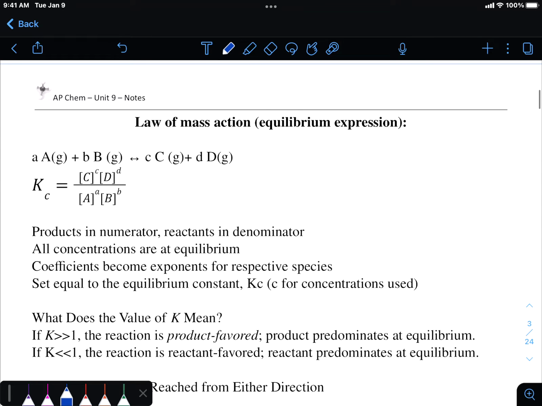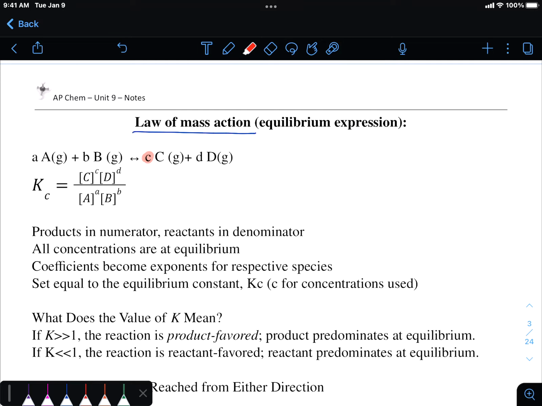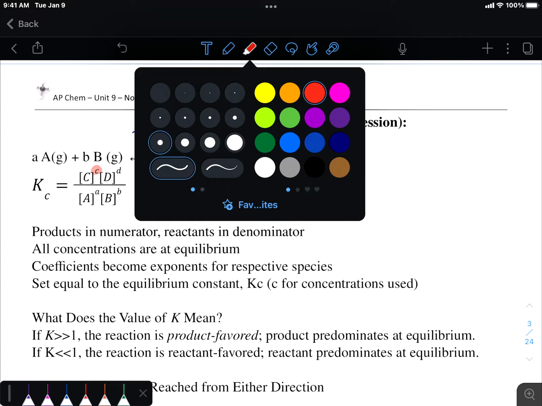Generically, this setup is what we call the law of mass action. The law of mass action is when you take the products over the reactants and set it equal to a constant. In any kind of reaction, note that the coefficients become the exponents.